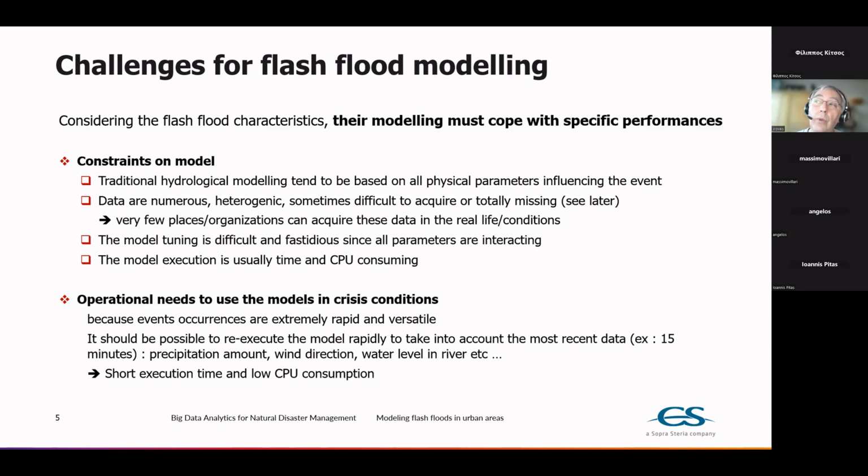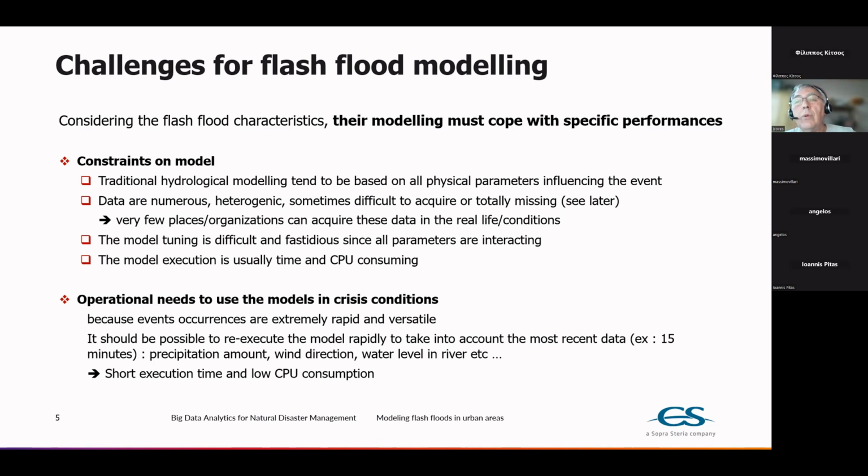And it's the same for the wind direction and the actual situation in the city, for example. So it's very important to have this rapidly running model that you can re-execute at least, I would say, every few hours, for example. And a hydrological model usually needs more like hours to run all the parameters and to make all the calculations, because there is a lot of calculation for each point, and we'll see how it's calculated.